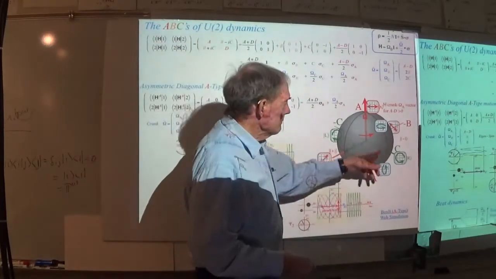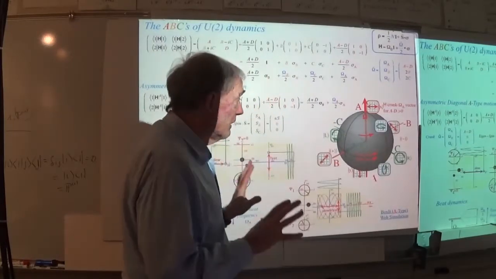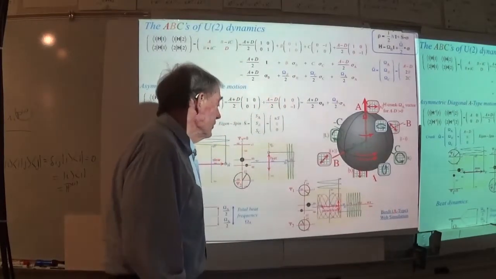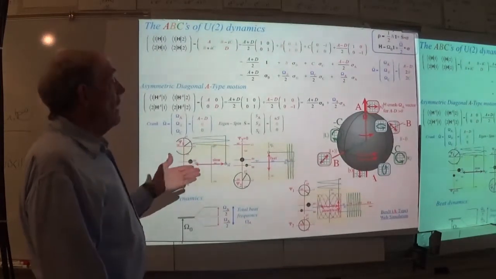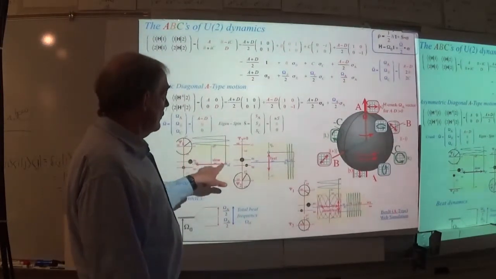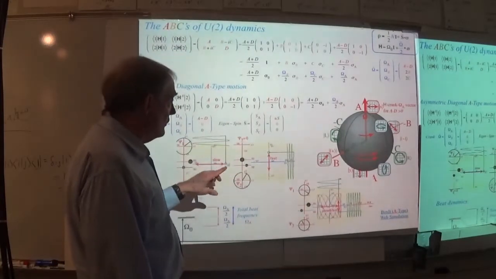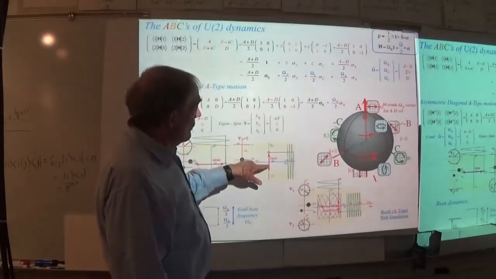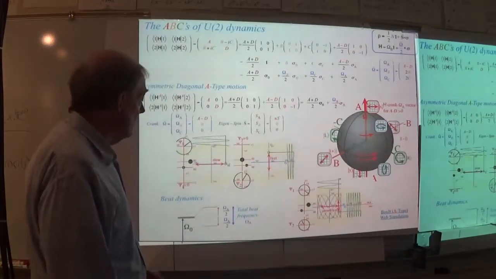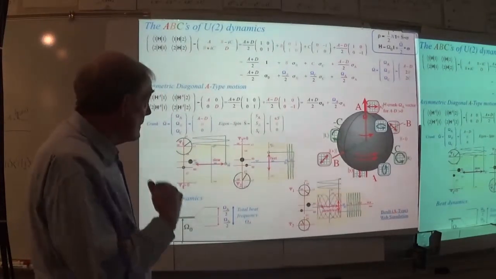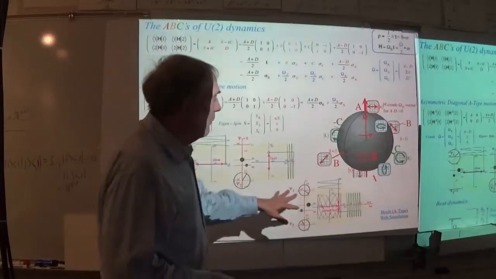Meanwhile, the other two dimensions are the ones that have the real dynamics associated with this one. All this one does is give you a motion in this direction that's one frequency, say slow, and in this direction the other frequency, which is presumably faster in this particular diagram. So I will not go over this one again.